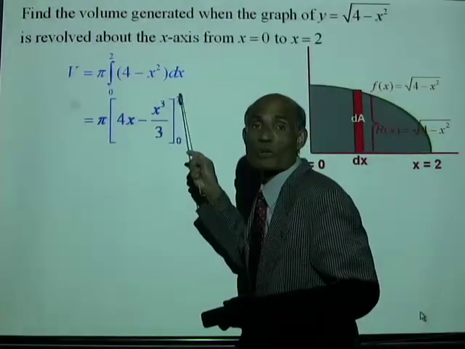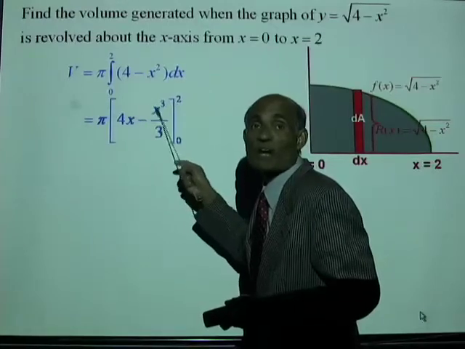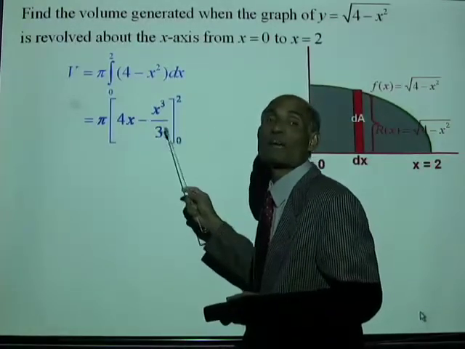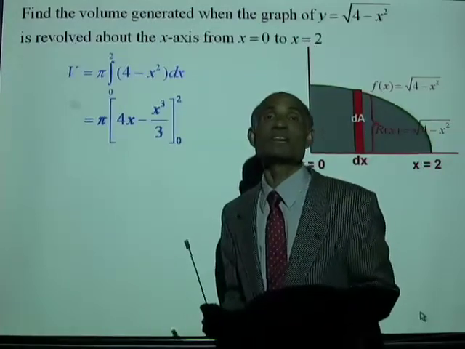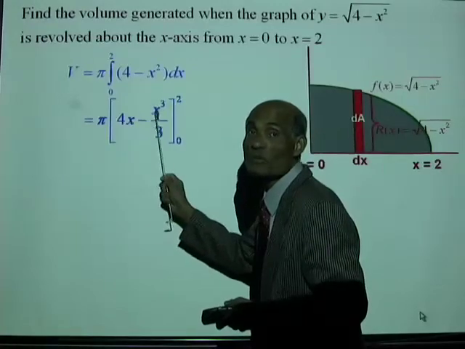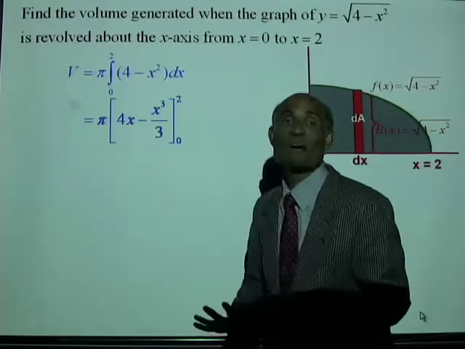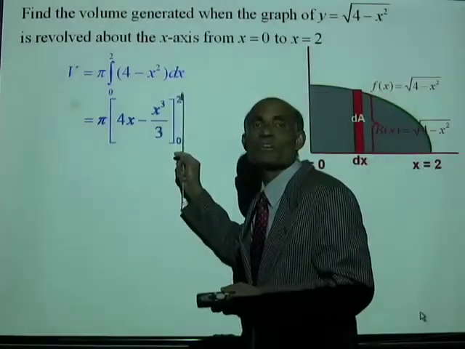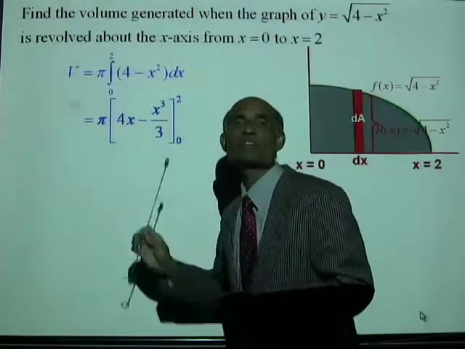Find the value of this by replacing x by the upper limit, then minus replace x by the lower limit. Because the lower limit is 0 and each term contains x, the value at the lower limit will be 0. So you don't need to worry about it. You need only replace x by the upper limit.